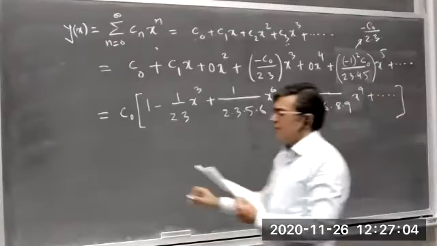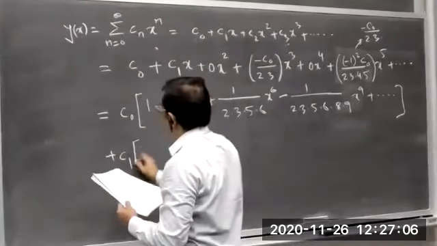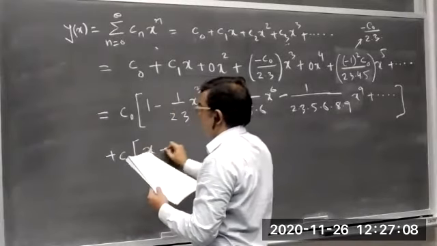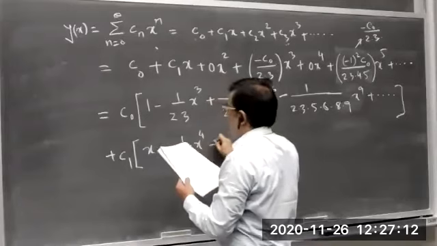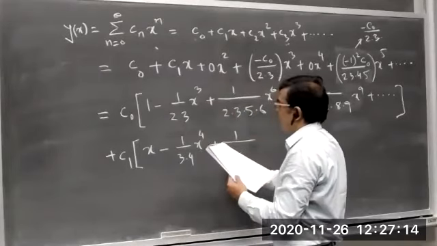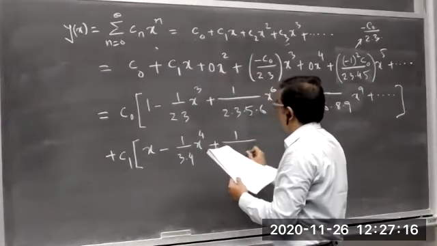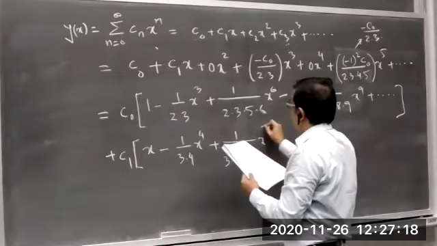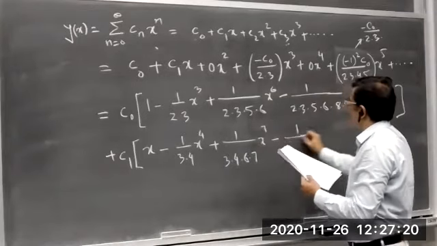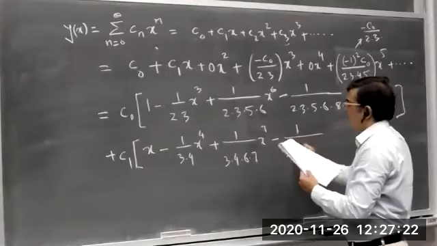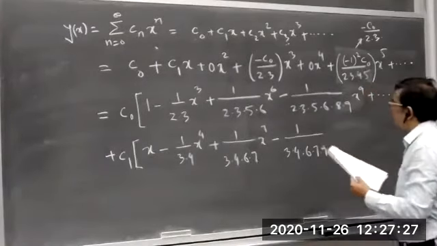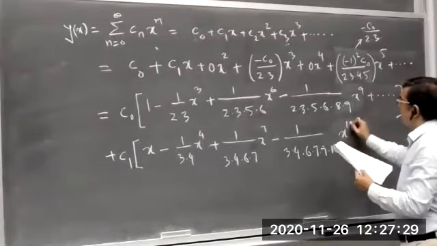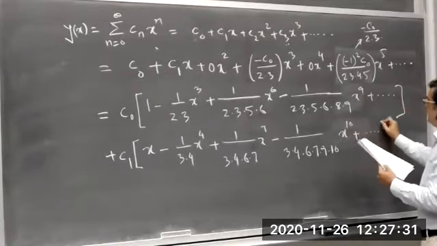This thing, and plus C1 times x minus 1 by 3 times 4 x power 4 plus 1 over 3 times 3 into 4 into 6 into 7 x to the power 7 minus 1 over 3 into 4 into 6 into 7 into 9 into 10 x to the power 10 plus so on.